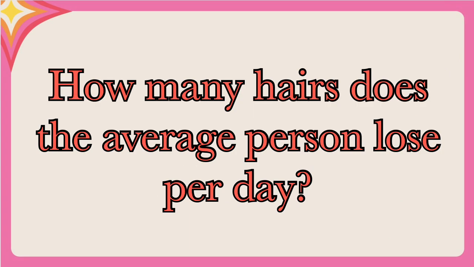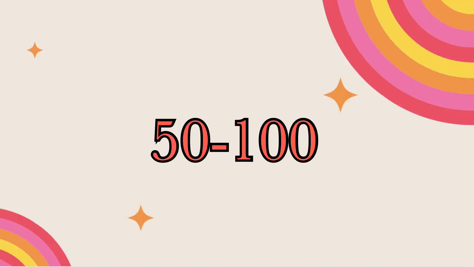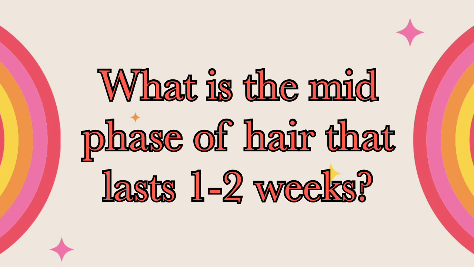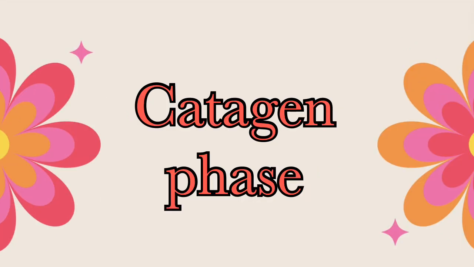How many hairs does the average person lose per day? 50 to 100. What is the mid-phase of hair that lasts 1 to 2 weeks? Catagen phase.